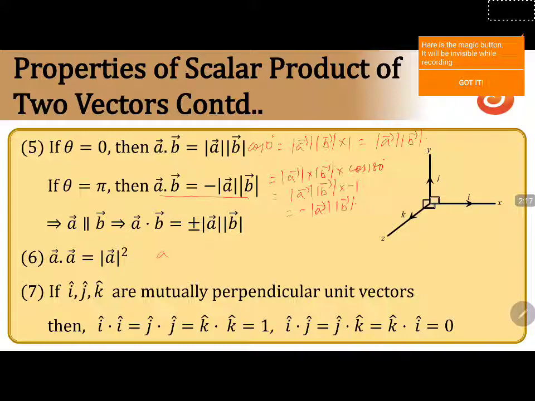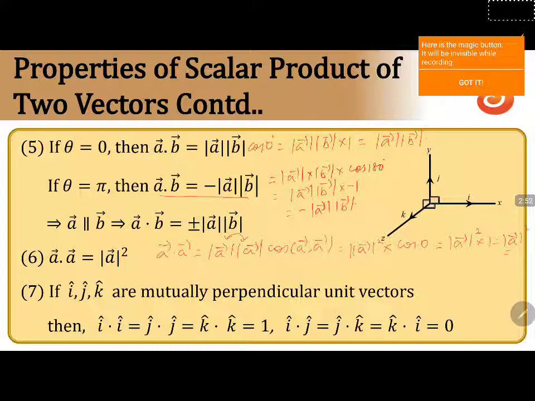We know the formula for A dot B. In the place of B, we will write A. Then this can be written as magnitude of A into magnitude of A into cos of the angle between A and A. It gives magnitude of A whole square into cos of A comma A, that is equal to 0 degrees, and we know that cos 0 is equal to how much? 1. Magnitude of A whole square into 1 is equal to magnitude of A whole square.